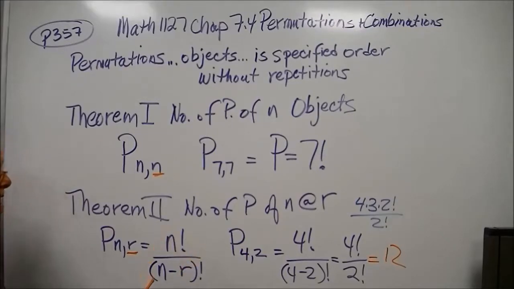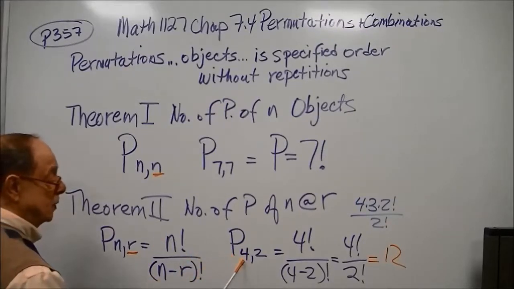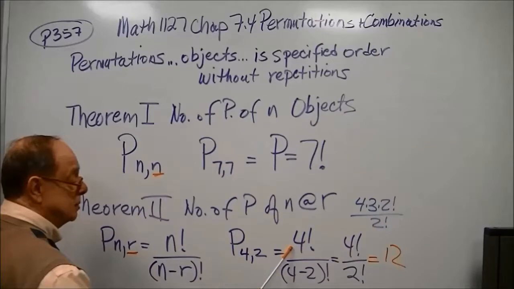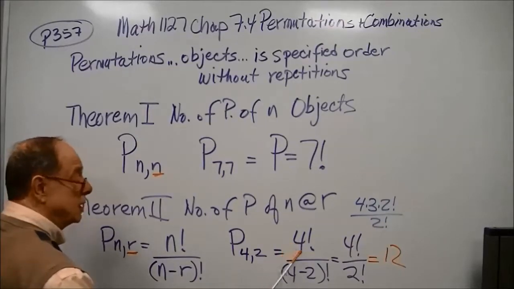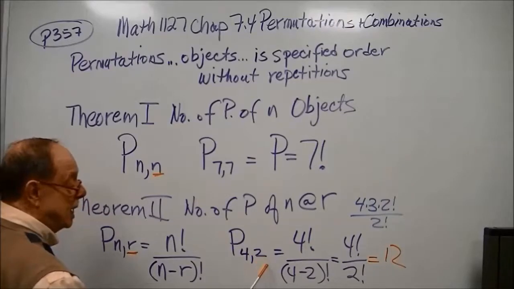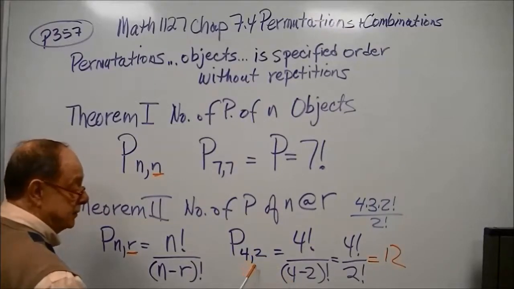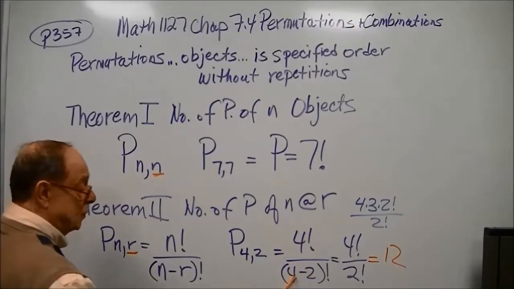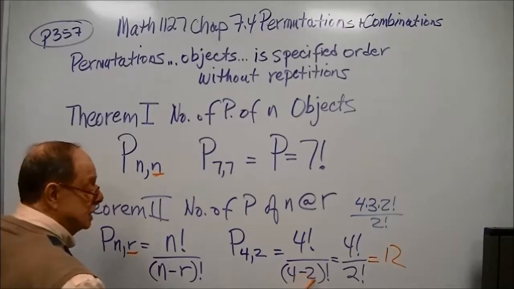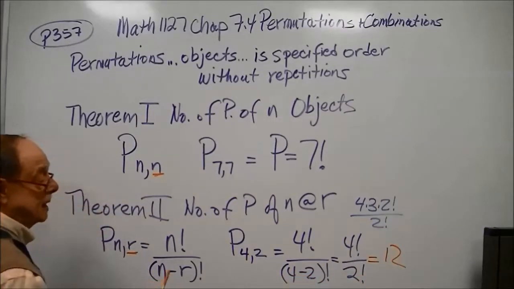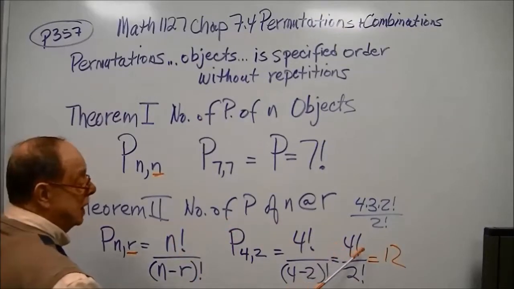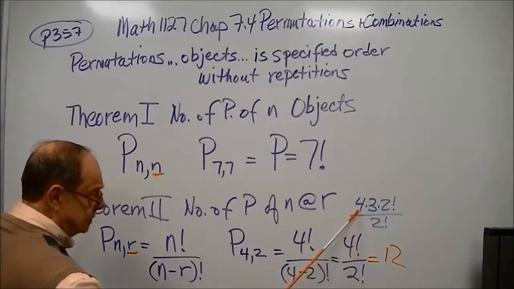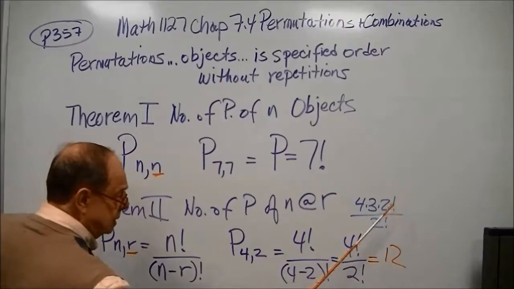So an example would be permutation 4, 2. So your number of items in your permutation is 4. That's 4 factorial, divided now by n, which is 4, and r, which is 2, minus 2. So 4 minus 2 is 2, and that is factorial. So you then say 4 factorial divided by 2 factorial, and keep in mind 4 factorial was 4, 3, 2, 1.